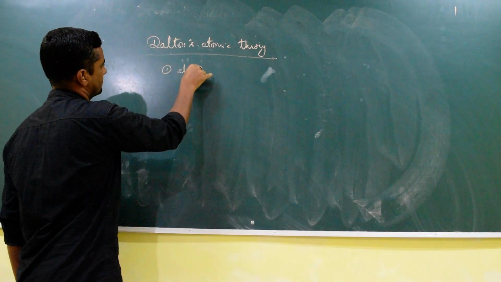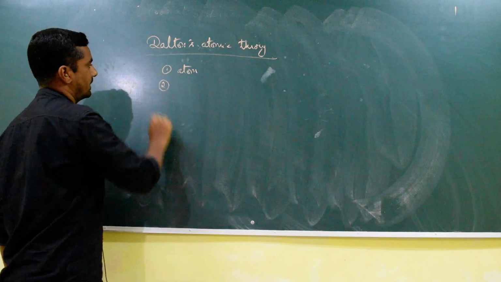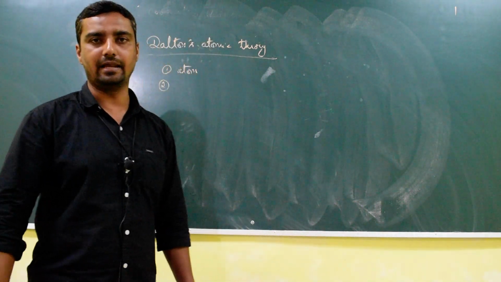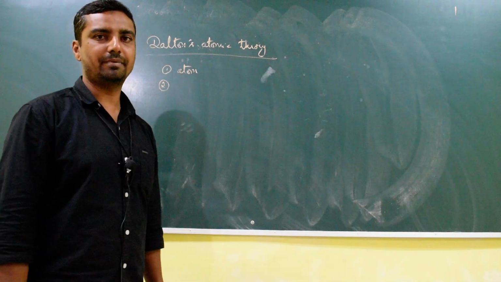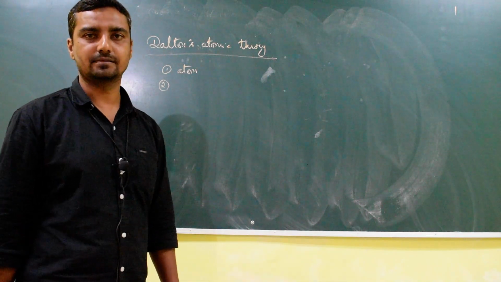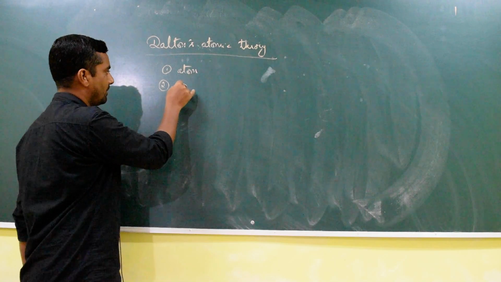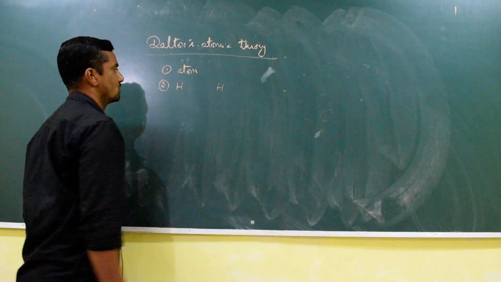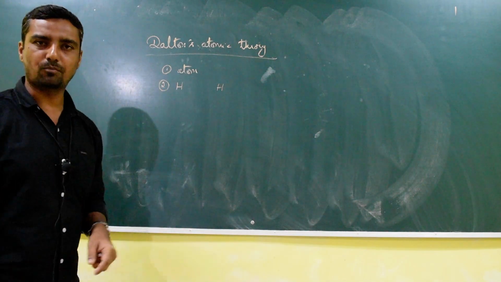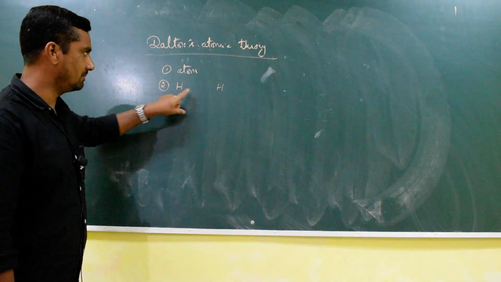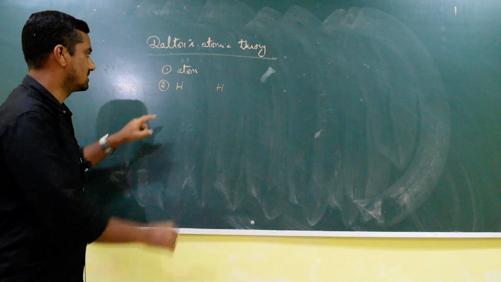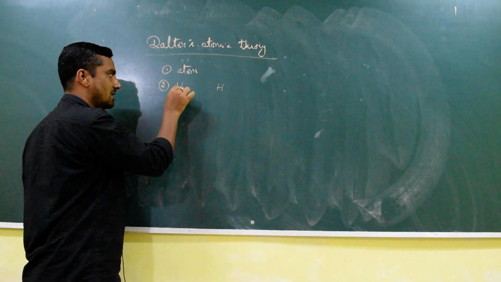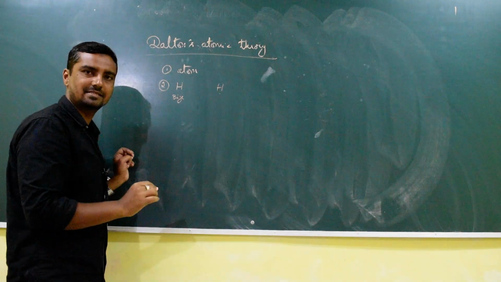So that's the first postulate. Come to the second postulate. Atoms of the same element exhibit similar properties. For example, if we go for one hydrogen atom, I will consider one more hydrogen, right? It will exhibit similar properties. This is an atom, this is also an atom, right? The size of both atoms is the same, the size of this hydrogen and this hydrogen remain the same, right?